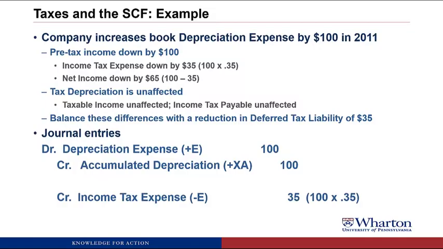So as we saw, income tax expense is going down by 35. So we credit income tax expense to reduce the expense by 35. And of course, that's the $100 reduction in the expense times 35%. And that's balanced off by a debit to deferred tax liability. We reduce the liability by 35 through the debit to balance this journal entry.